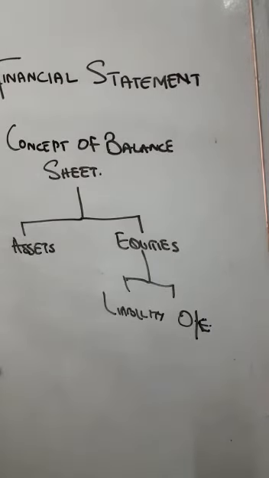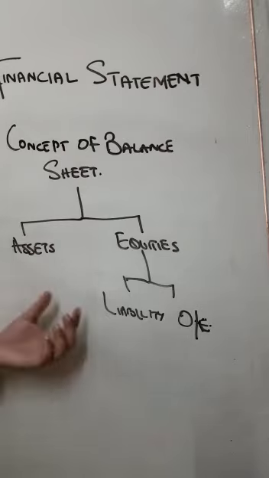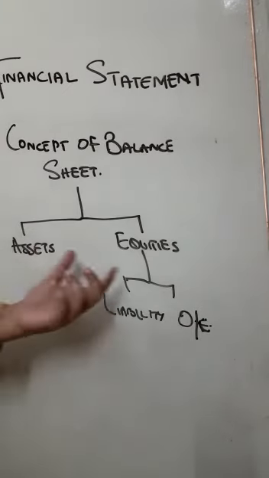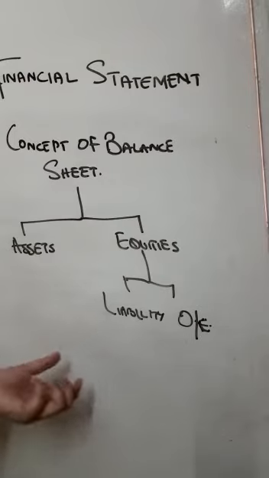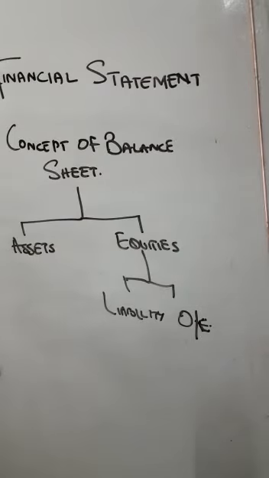Now we are going to switch towards balance sheet. It is a report which shows in a statement form the relationship among assets and equities. Now, what are the equities? Equities are the combination of liability and owner's equity.